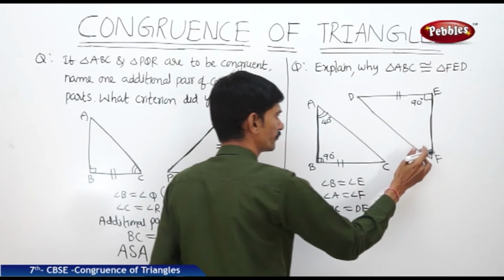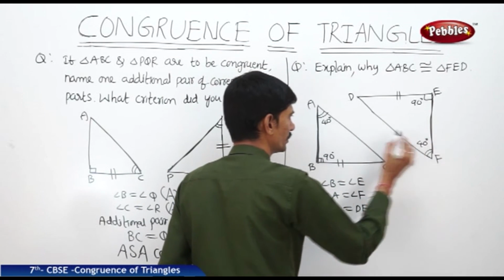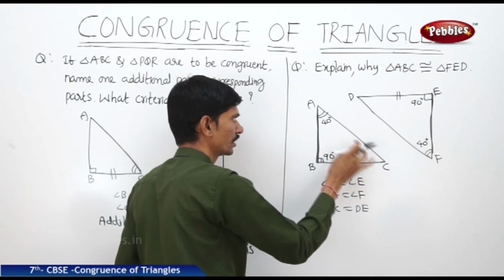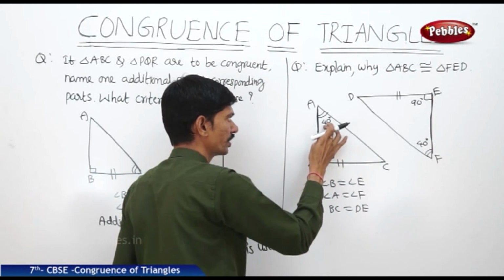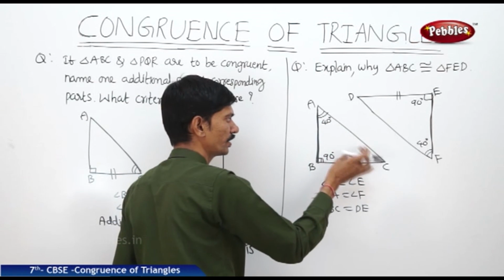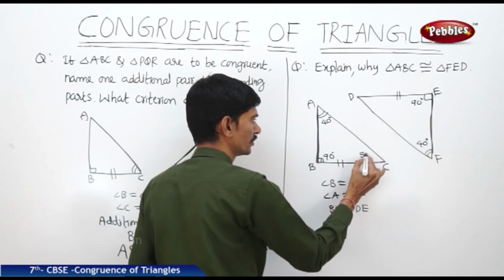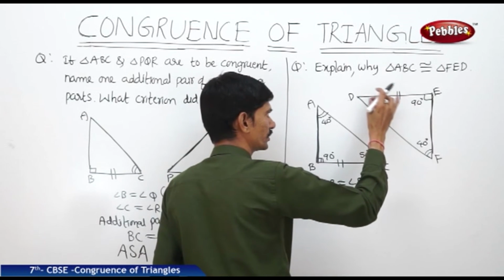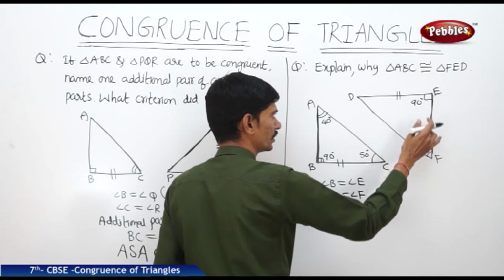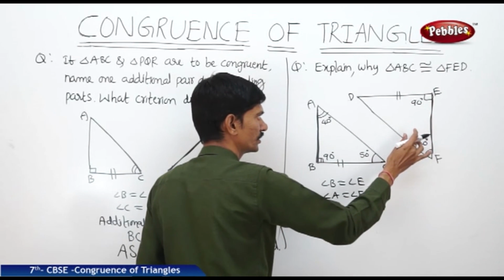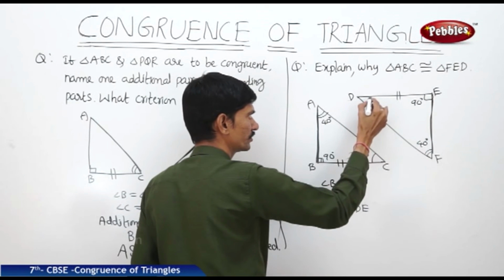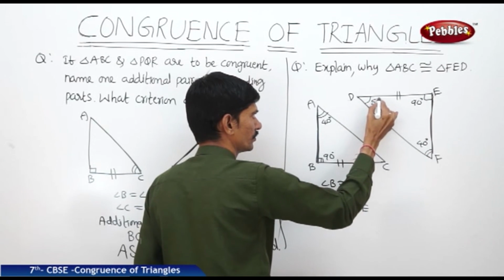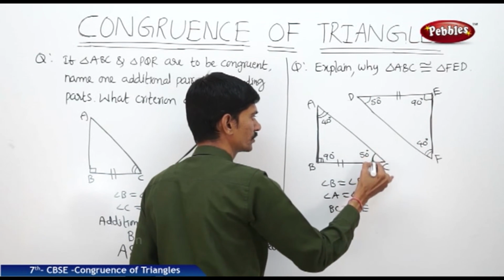Then here also angle F must be 40 degrees. Then what is the third angle in this triangle? 90 plus 40, 130. So 180 minus 130, 50 degrees. So this angle C is 50 degrees. And what is the third angle in the second triangle? Here also 90 plus 40, 130. So 180 minus 130 is 50 degrees. So these two angles are also equal.